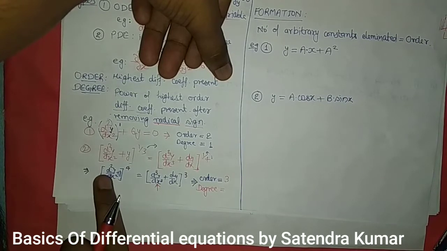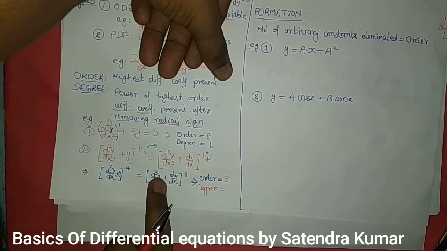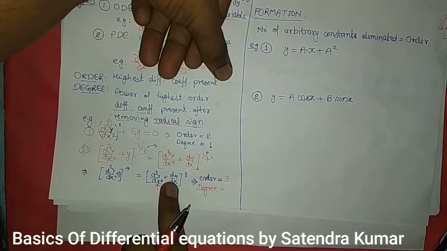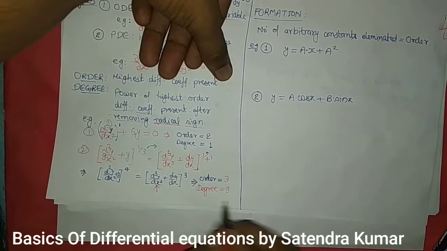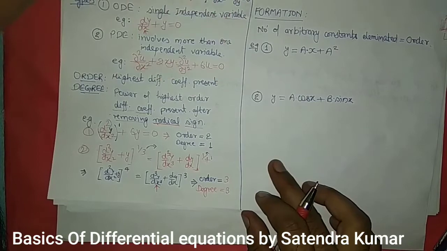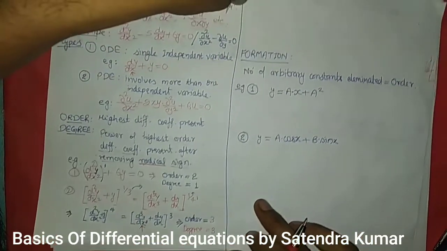Here we have a double derivative, single derivative, third derivative, so order will be 3, and the power of this differential coefficient is the degree. So if we open this as a plus b to the whole cube, then the highest power will be 3. So this is the degree of the differential equation.